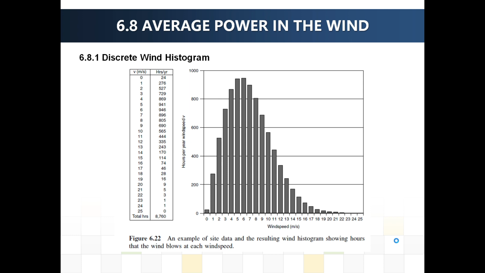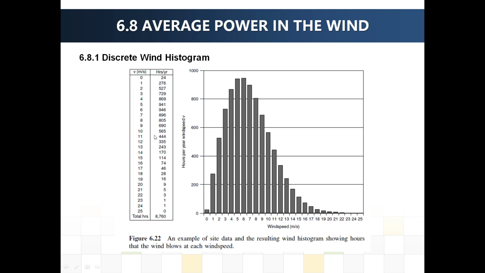Figure 6.23 shows an example of site data and the resulting wind histogram showing the hours that the wind blows at each wind speed. The x axis is wind speed and the y axis is hours per year. As we can see, when the wind speed is 0, among the 8,760 hours in a year, there are 24 hours of no wind.